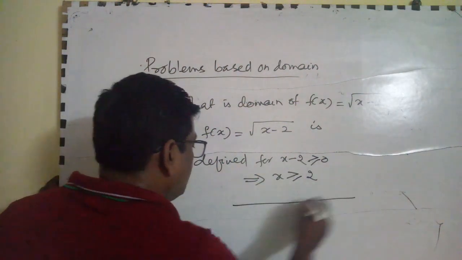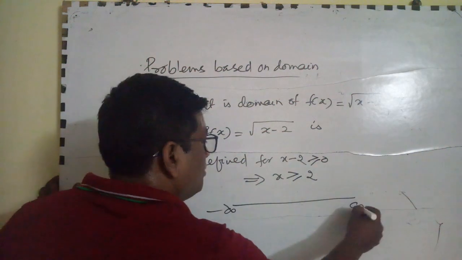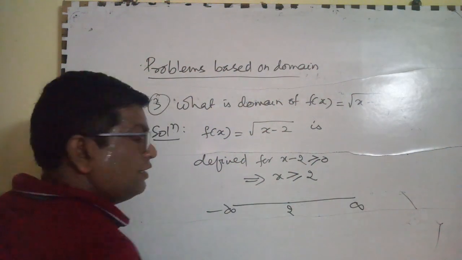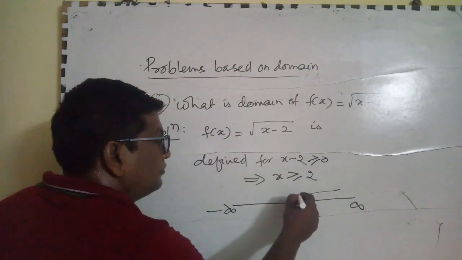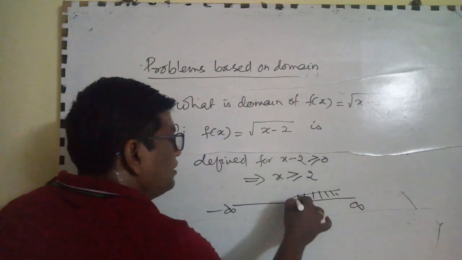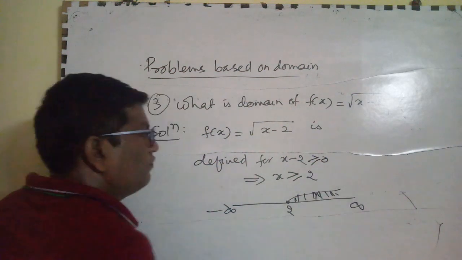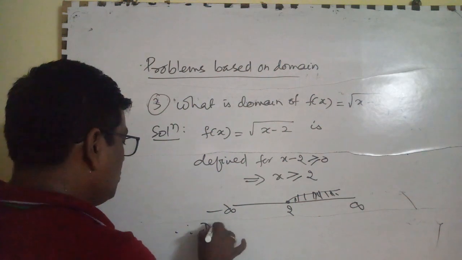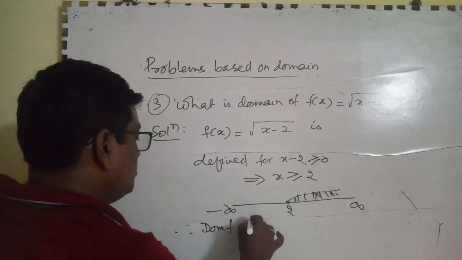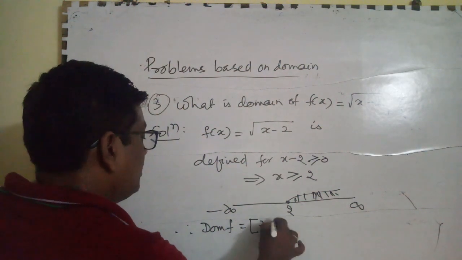Draw number line, minus infinity to plus infinity, here 2. X greater than or equal to 2 means starting from 2 and greater. These are the set of values of x for which the function is defined. Therefore, dom f equal to [2, infinity).